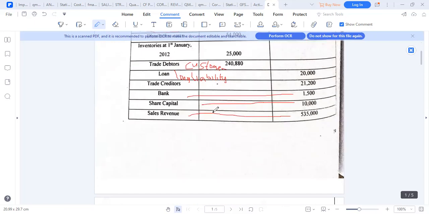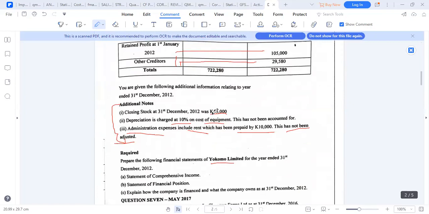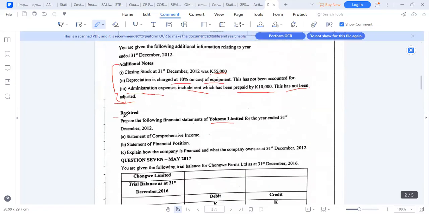The requirement of this question is to prepare the financial statements of your Limited, which means the income statement and the balance sheet.